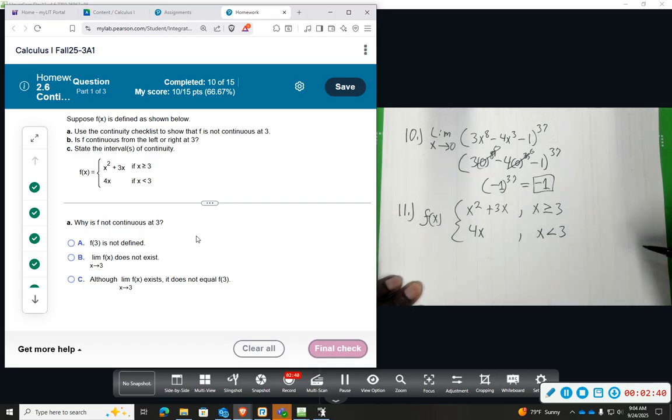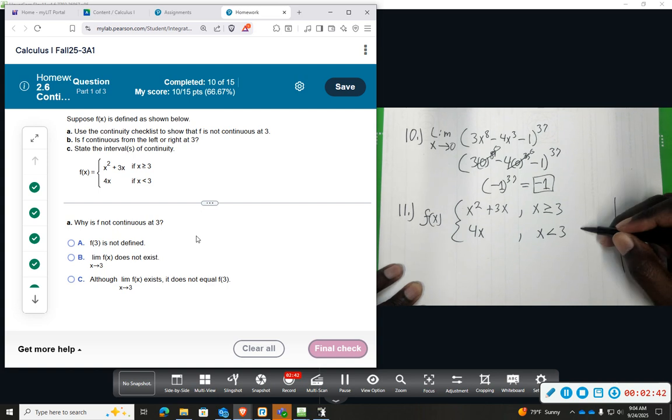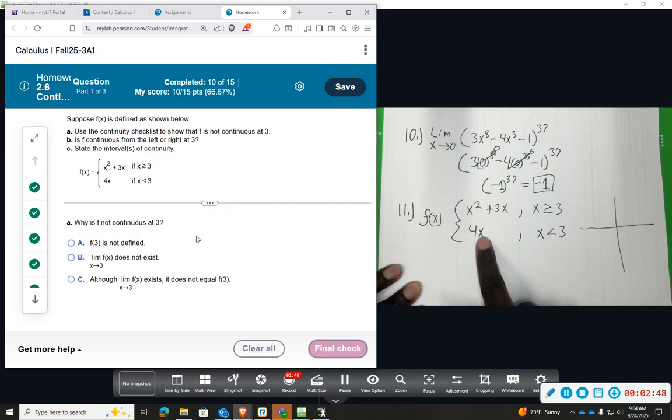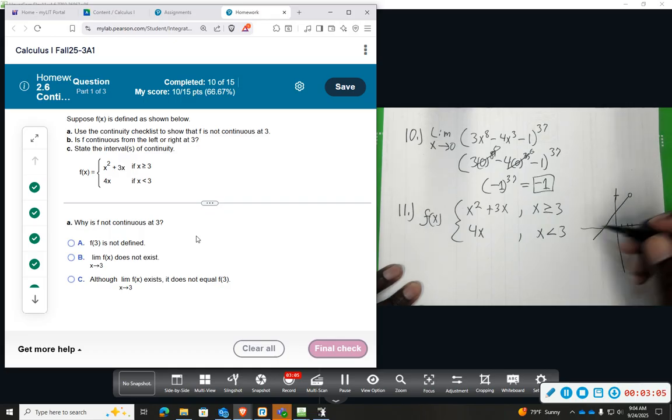So, a rough sketch: we would have a linear function, and 4 times 3 would give us 12. So let's say that this is 12 when we get to 3. 1, 2, 3. So our graph would have an open circle, and it would be a linear function going up like this toward 3.